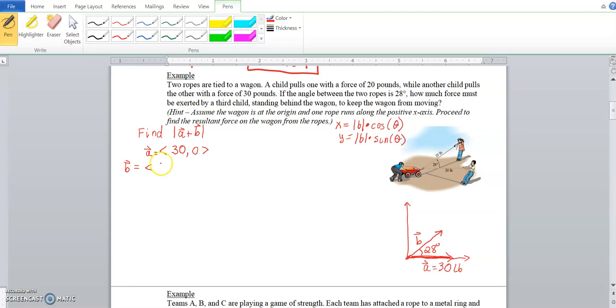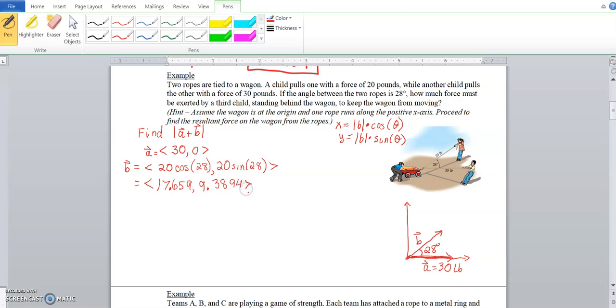So we just say B is 20 cosine of 28, comma 20 sine 28. And that simplifies to 17.659 and 9.38.